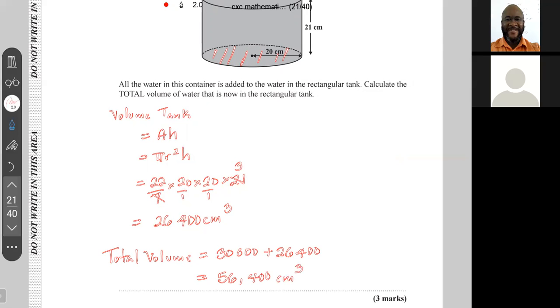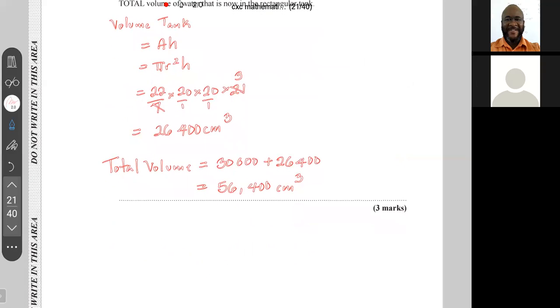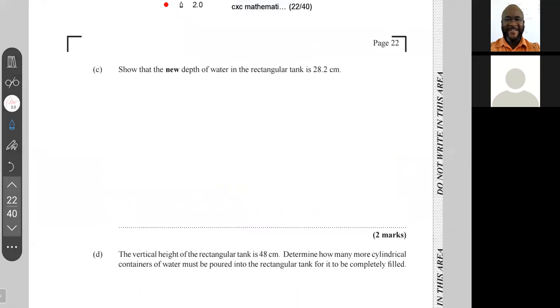So somebody went with this cylindrical bucket, filled it up with water, and poured it back in the rectangular tank. The total volume of water now in the tank is 56,400 centimeters cube.